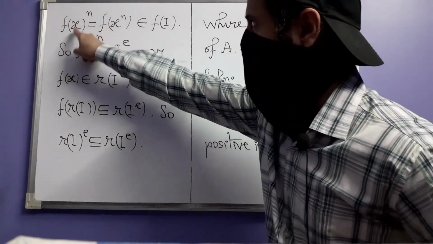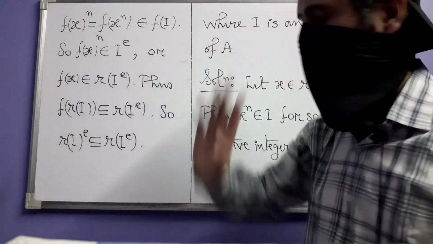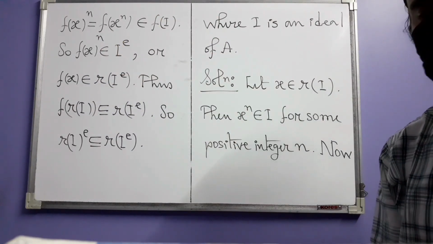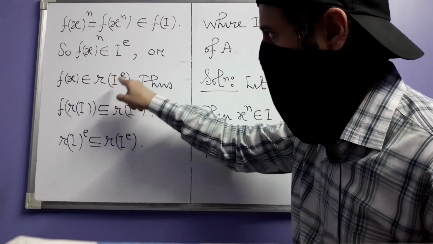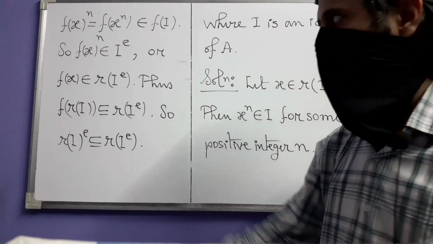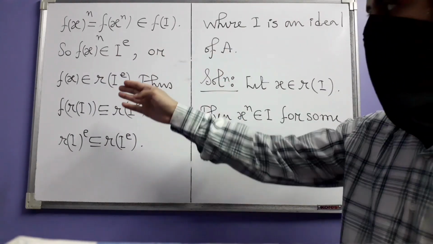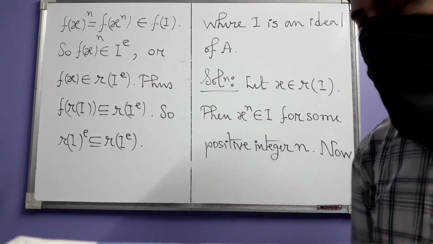So this f of x to the power n, which is just this, will also belong to the extension of I. But what does that mean? It means that f of x then belongs to the radical of the extension. Because some power of f of x is inside the extension, so f of x by the definition of radical will belong to R of I^e.